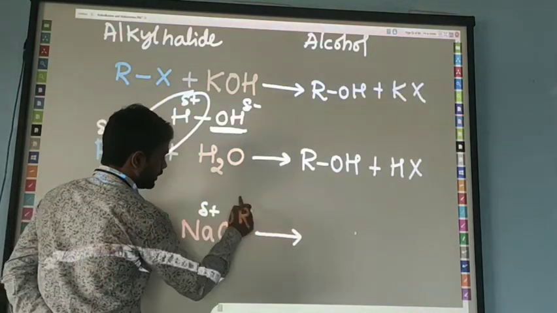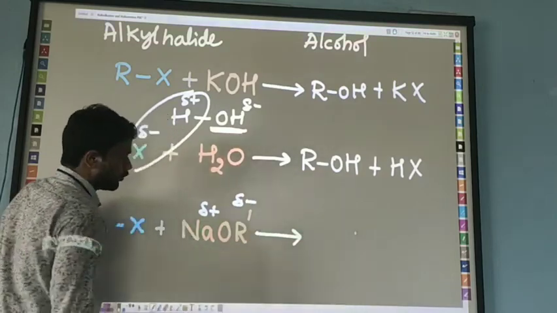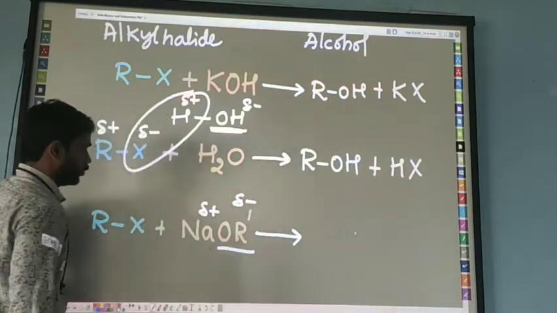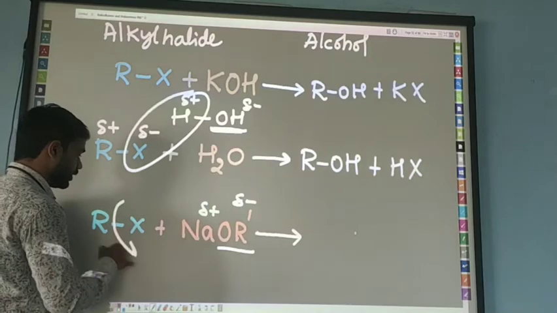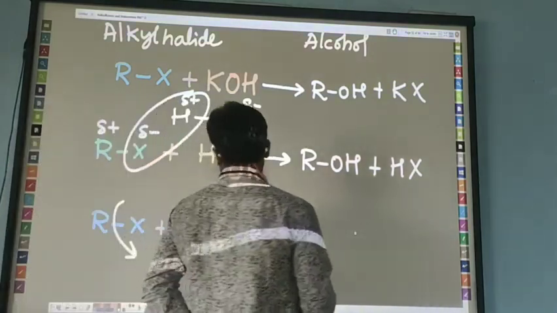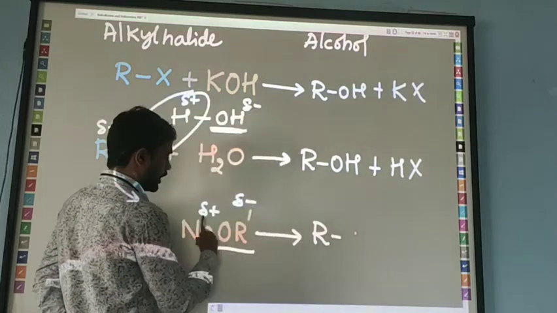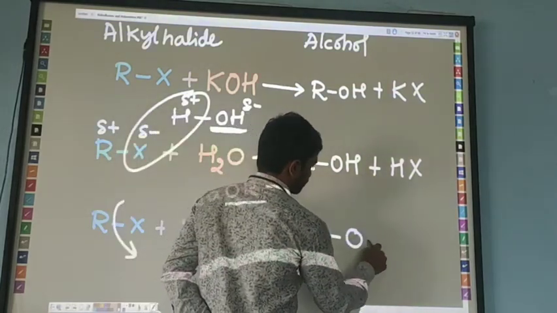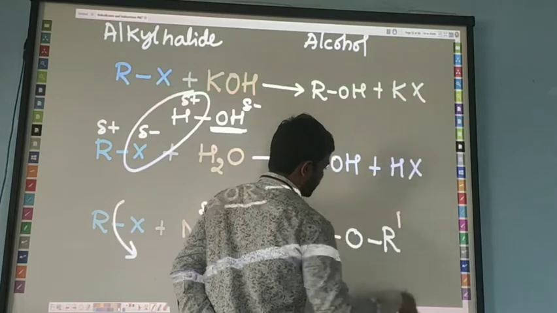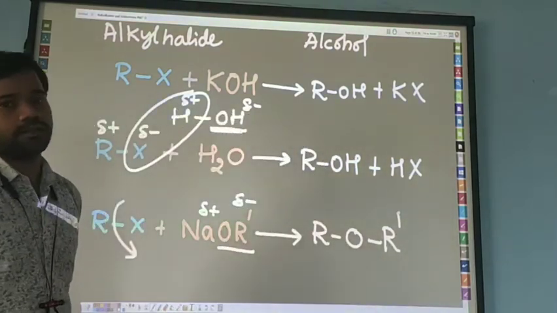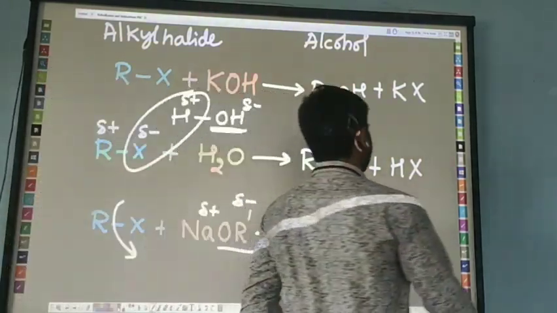The OR minus is our nucleophile, which is going to substitute on this R group. The R group substitutes the OR dash. Can you tell what this is? This is known as an ester.